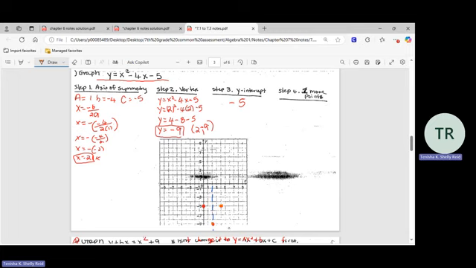Now, I would probably pick 1 or 3 because it gives me a point between those two. Or I would pick negative 1, which is a good choice, or 5 is a good choice. You have options. I'm going to go ahead and pick 1 because it's easy. So I want to know what is y when x equals 1 because I picked a domain.